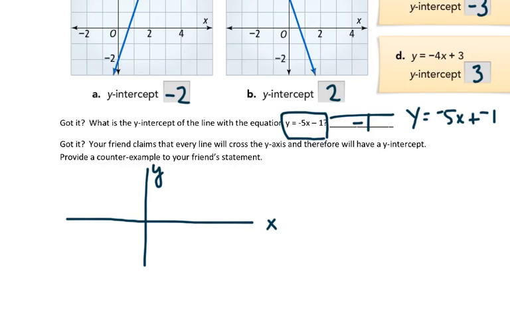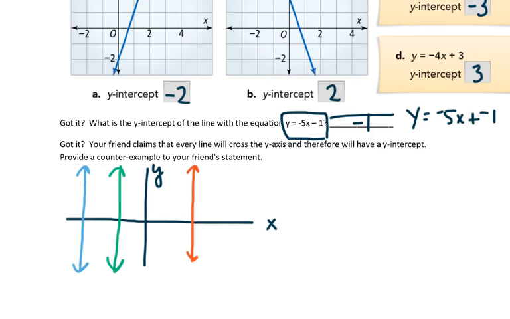There are lots of different examples of them, but they all have something in common. This line here will never cross the y-axis. This line here will never cross the y-axis. This line here will never cross the y-axis. So those are 3 counterexamples to your friend's statement, and all 3 of them have in common that they are vertical lines.